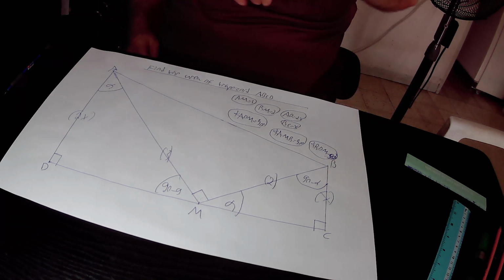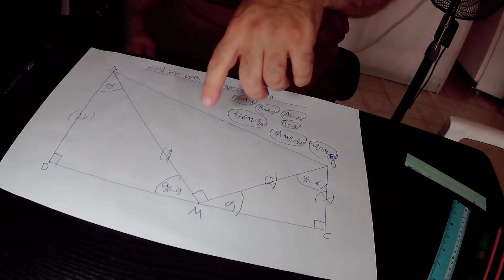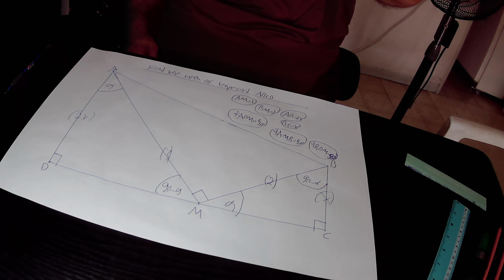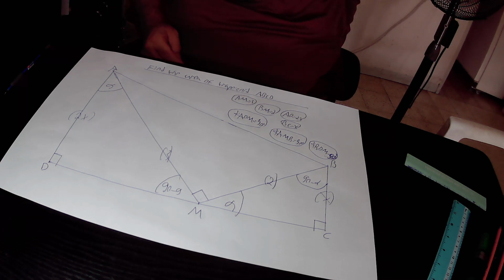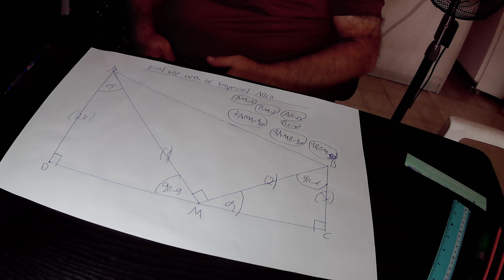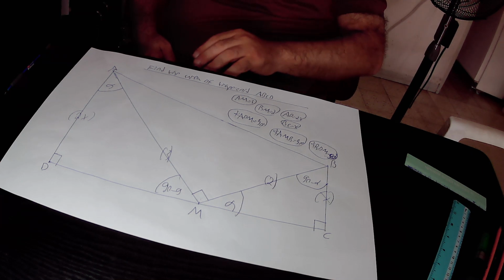So we found out that all the angles of this big right triangle ADM are correspondingly equal to all the angles of this small right triangle BCM, and therefore those two triangles are similar to each other according to the angle similarity rule. So I write it down.